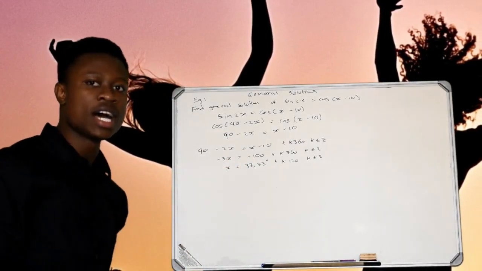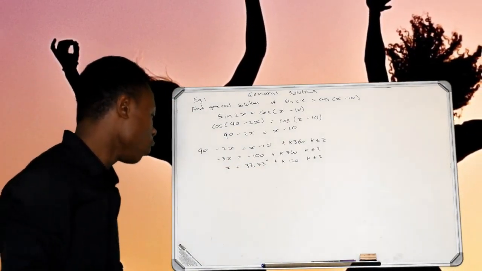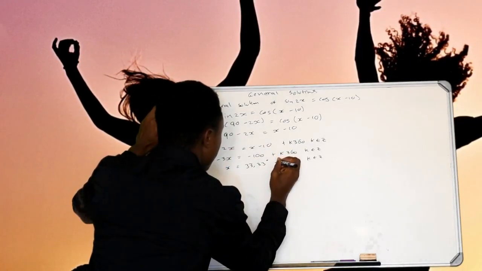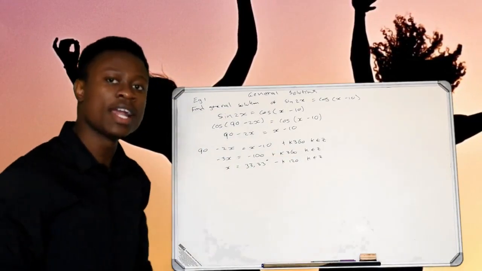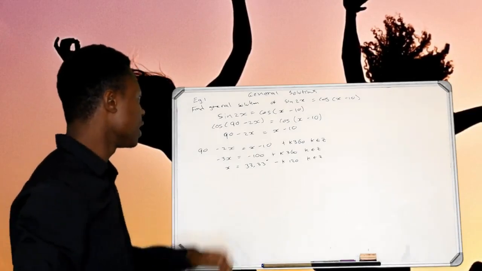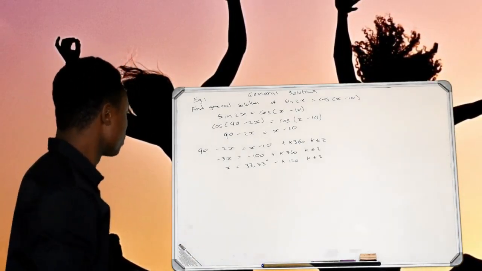As you can see, it's no longer k360, it's k120, because we divided by negative 3. This is the final answer for when it's positive.